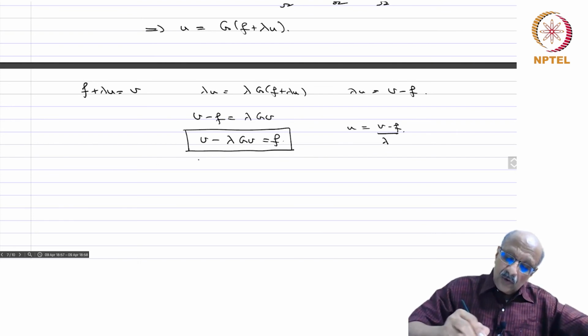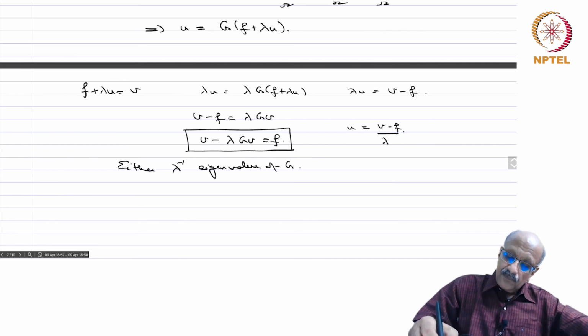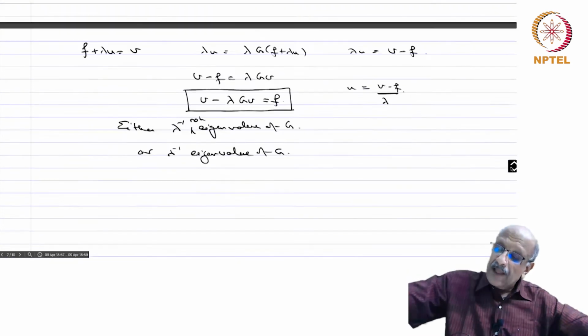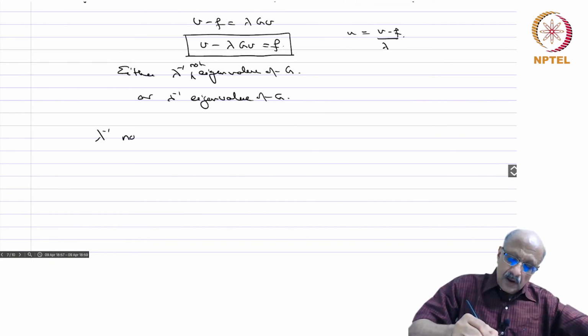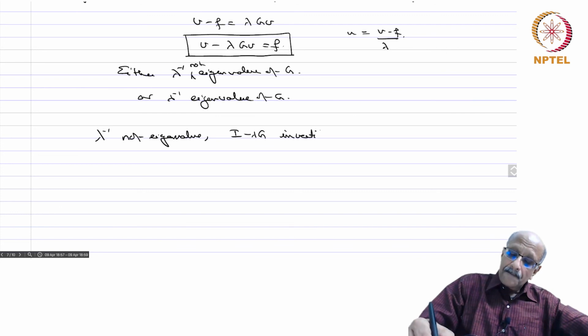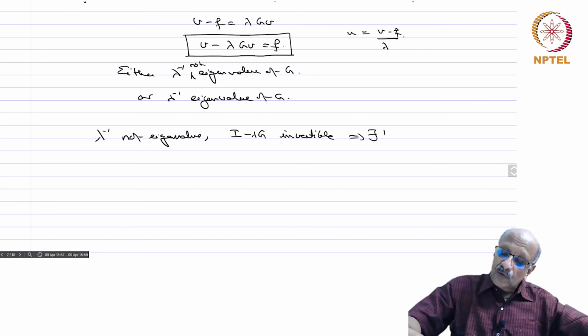Okay, so either lambda inverse is not an eigenvalue of G, or lambda inverse is an eigenvalue of G. So if lambda inverse is not an eigenvalue, then I minus lambda G is invertible, which implies there exists a unique V for every f, which implies there exists a unique U for every f.